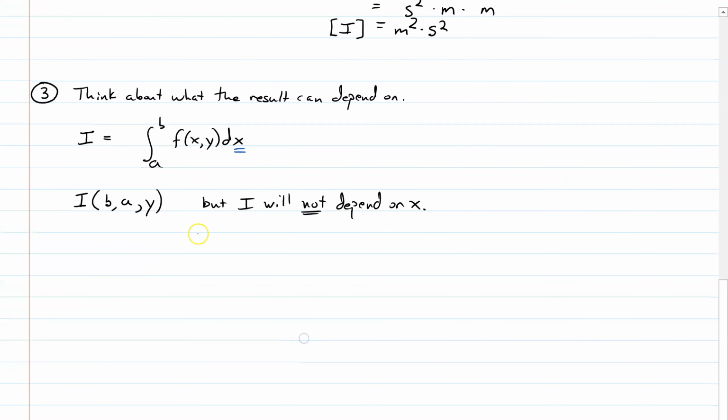So definite integrals get rid of the integration variable.